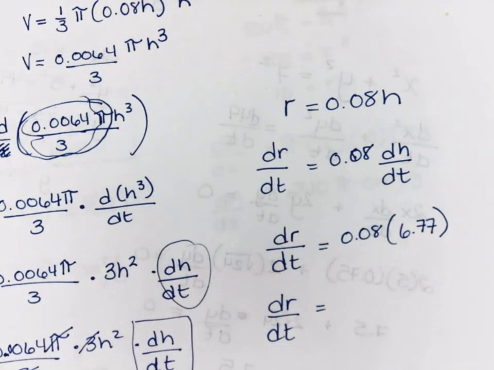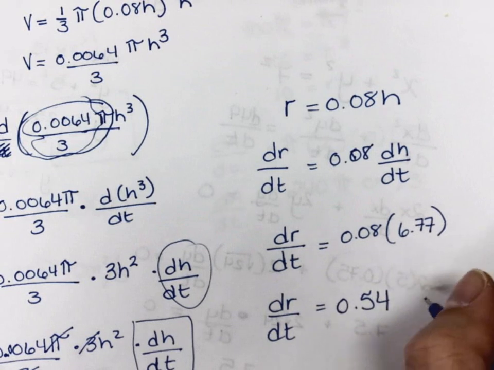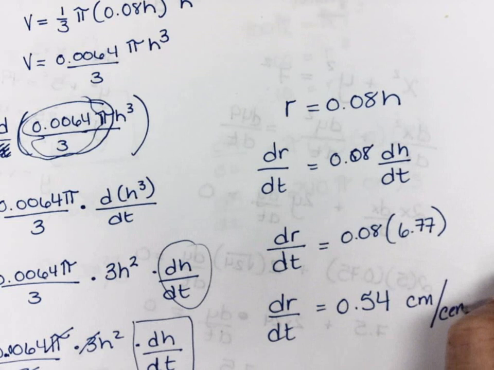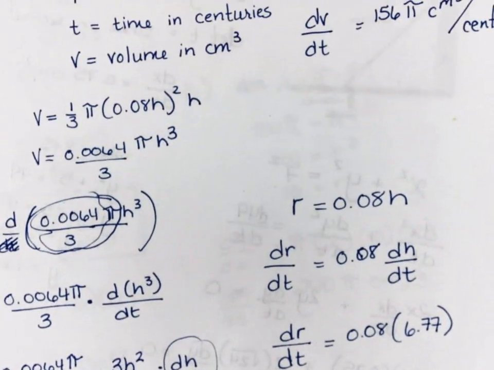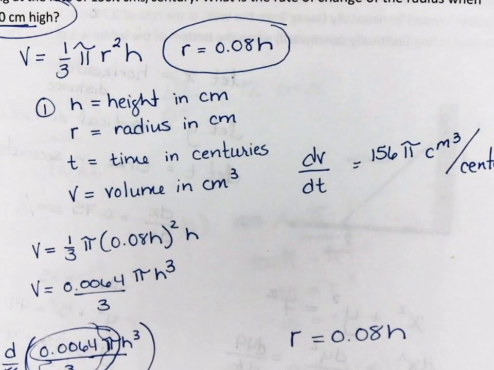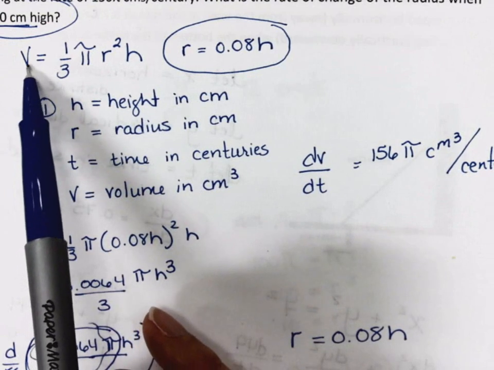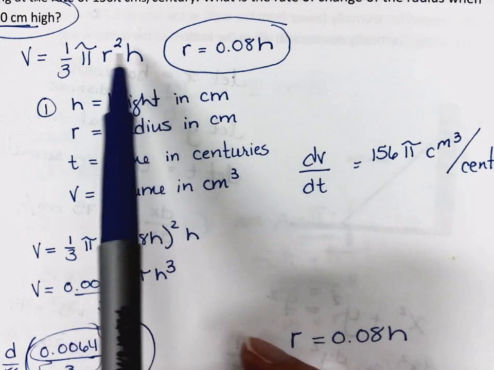So why couldn't we jump right into using that volume formula? Anybody have an idea why I couldn't use the regular volume formula? It's definitely changing. We had a volume here, which we knew the rate of. But when I go to differentiate this, I had two different variables.